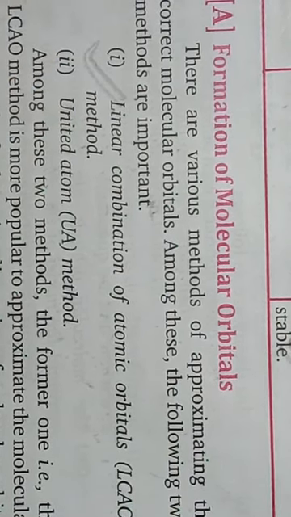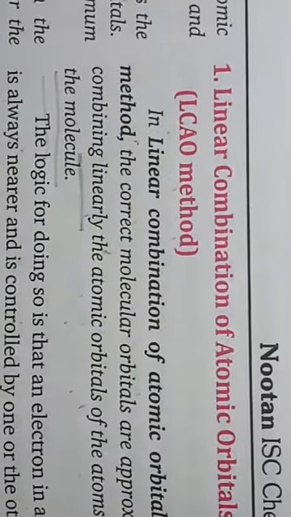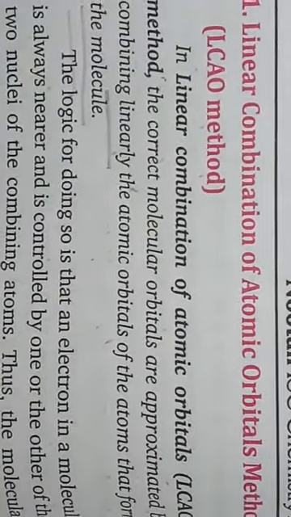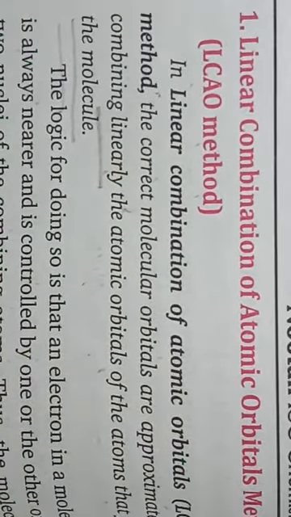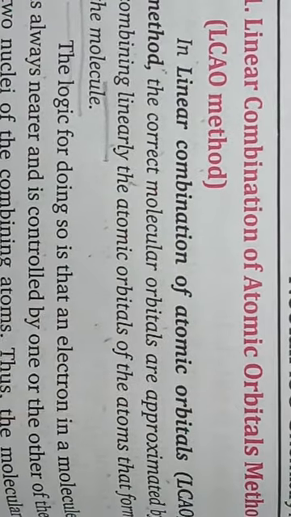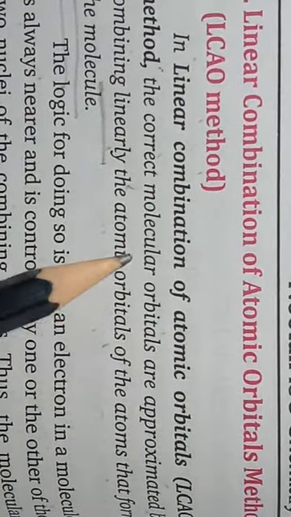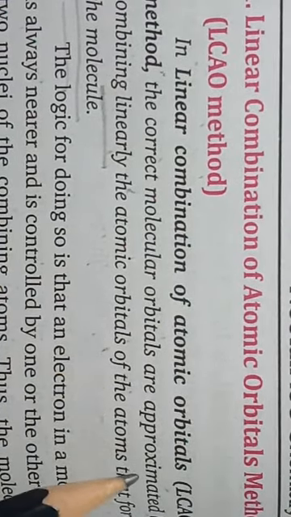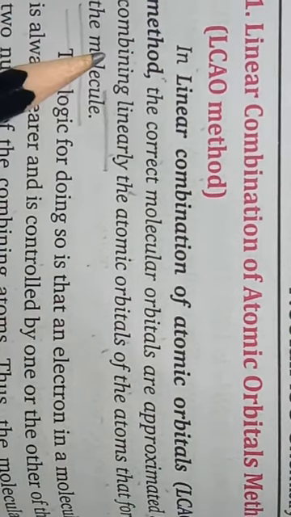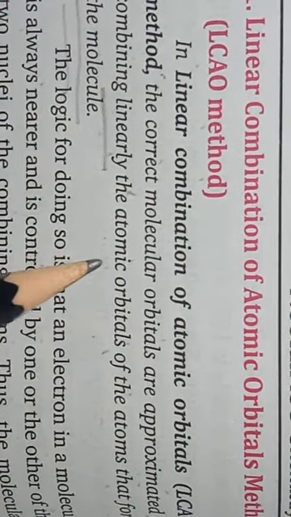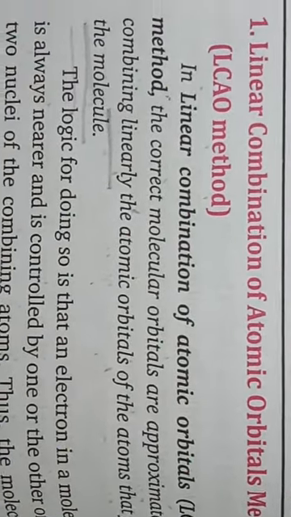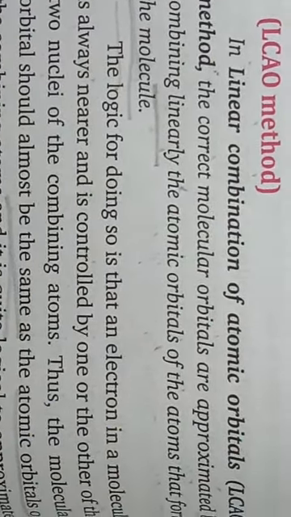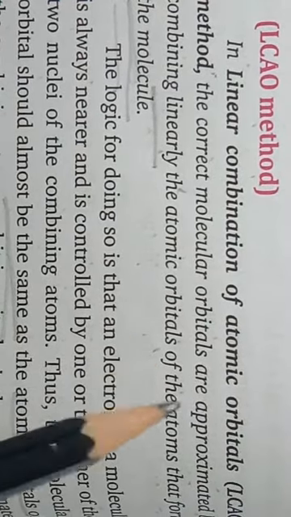Okay students, according to this first method, linear combination of atomic orbitals, the correct molecular orbitals are approximated by combining linearly the atomic orbitals of the atoms that form the molecule.